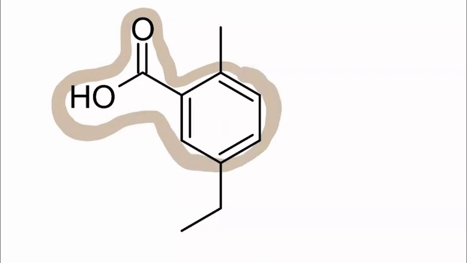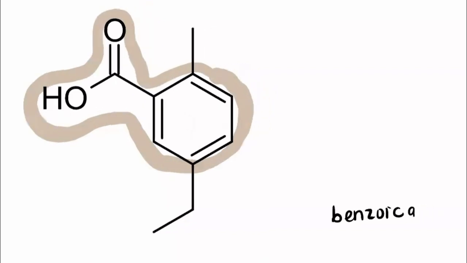That whole part of the molecule is called benzoic acid. Similar to what we saw in benzaldehyde, the carbon in the ring that is holding the C double bond O is carbon 1.